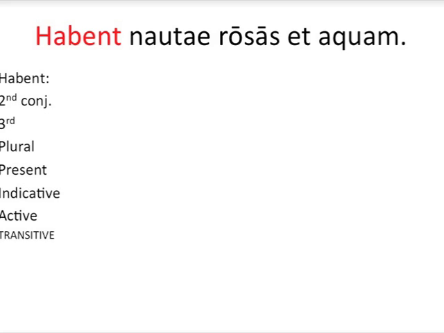It is third person, plural, present, indicative, and active. Those are the 5 ways we identify a verb: person, number, tense, mood, and voice. We also know about habeo, habere, that it is transitive. So we may very well get a direct object later in the accusative case.